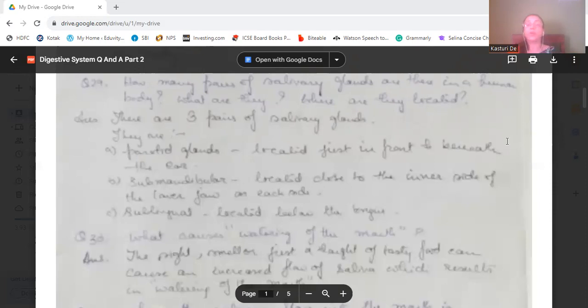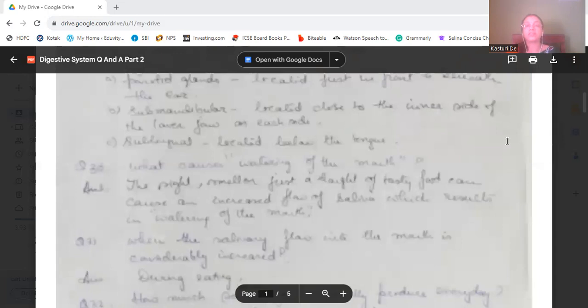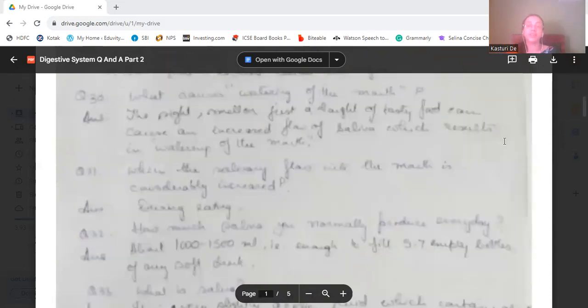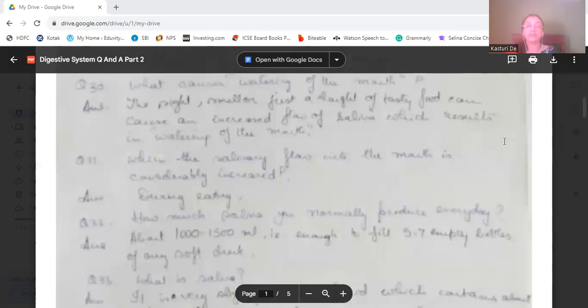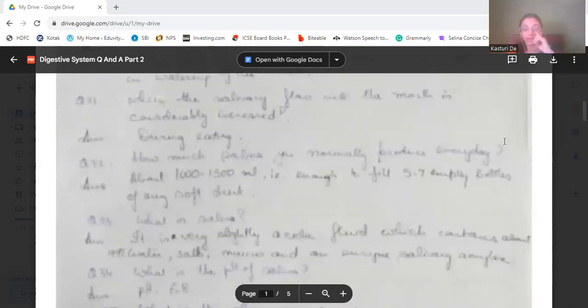Okay? So what causes watering of the mouth? The slight smell or just a thought of tasty food can cause an increased flow of saliva, which results in the watering of the mouth. When is the salivary flow into the mouth considerably increased? The salivary flow in our mouth is considerably increased when we eat.